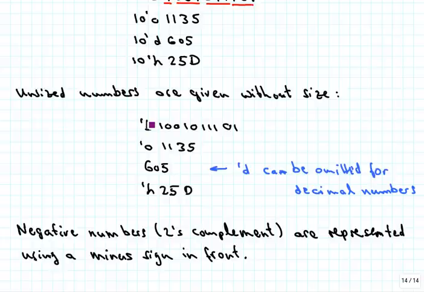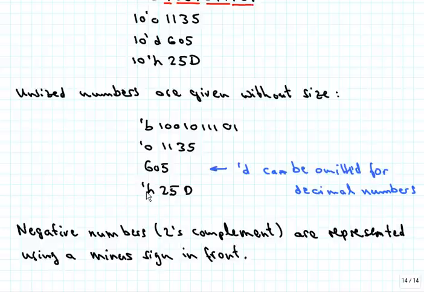And if we have an octal number, we would do the same thing, apostrophe o, and then 1135 for the number that we had above. For a decimal number, we actually do not have to specify the apostrophe d. In this case, we can just write 605, and the compiler will interpret that as a decimal number. And then the hexadecimal number is the apostrophe h25d, as we had before.